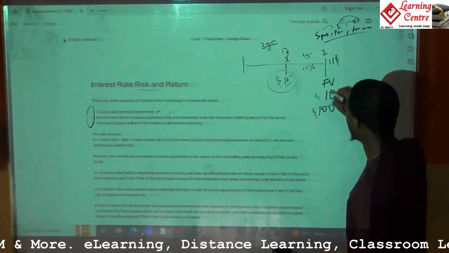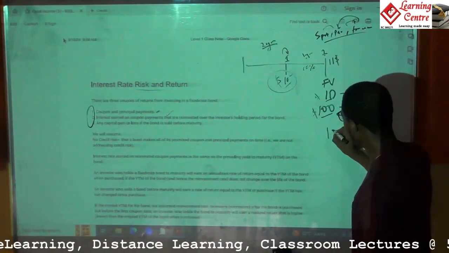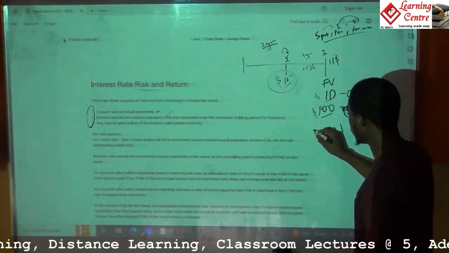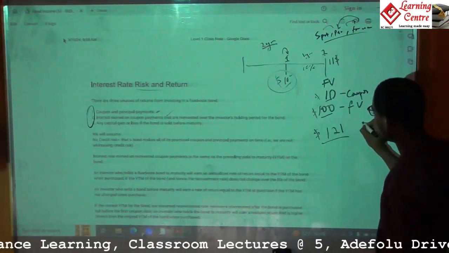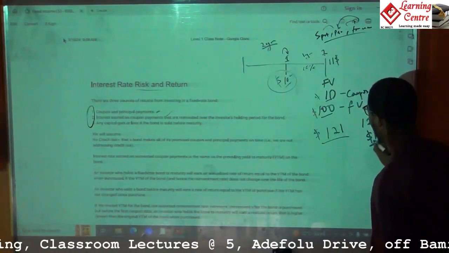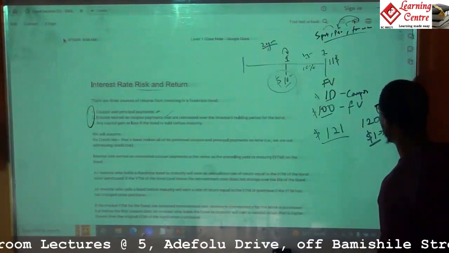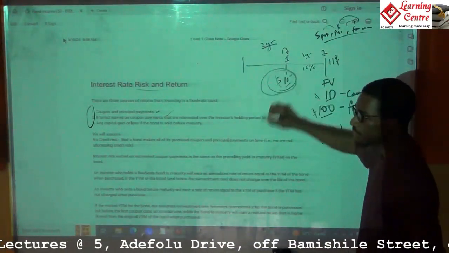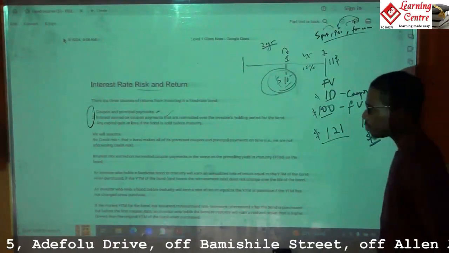I will collect this $11 and that $110, fully $121. So instead of earning $120, I earn an extra $1. And this $1 is from the reinvestment of this coupon at the prevailing yield.